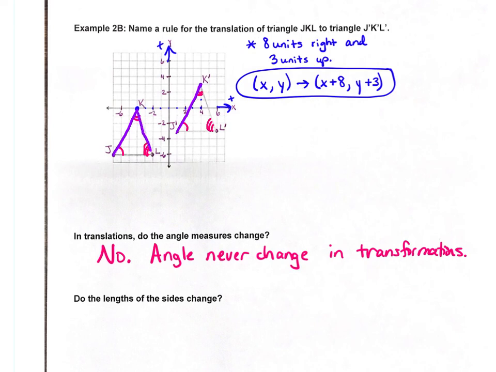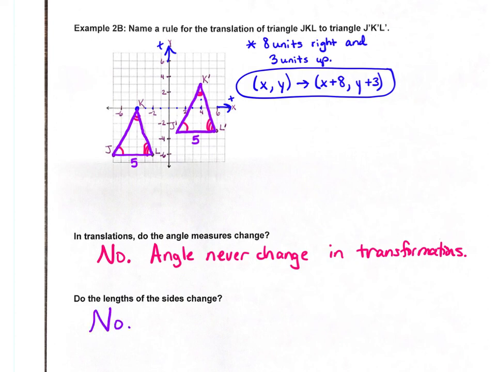From K to L, going from K prime to L prime, it also stayed the same. And from J to L, which we can actually count, was 5 units wide. And from J prime to L prime, we can also count, was 5 units wide. It also stayed the same. So do the lengths of the sides change?